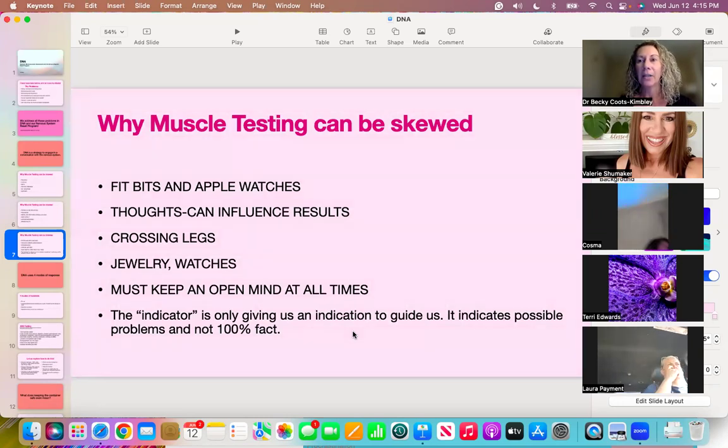The indicator, think about this. The indicator is only giving us an indication to guide us. It is not telling us that it is 100% fact. So I don't know about you, but after reading through all of this, I sat and questioned how accurate was all of my muscle testing that I was doing.